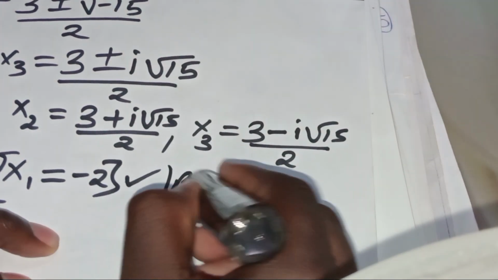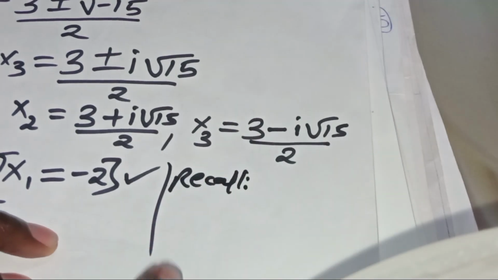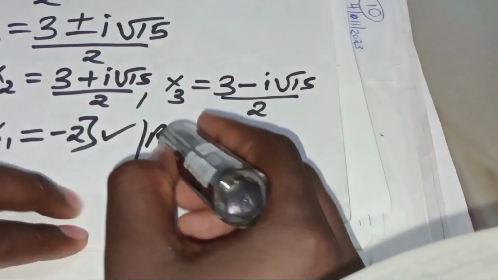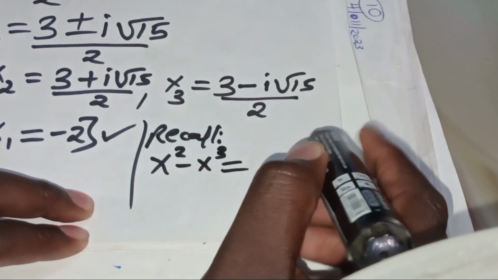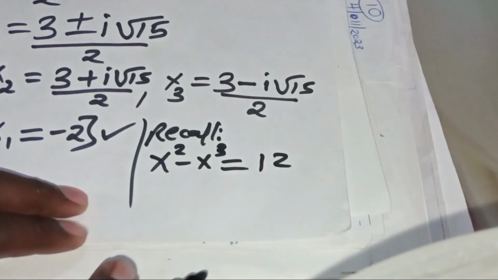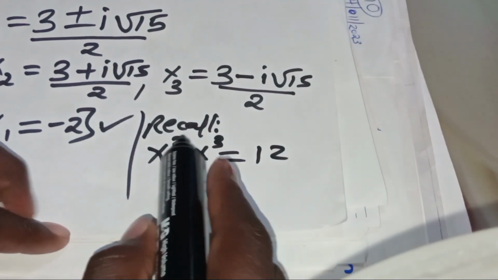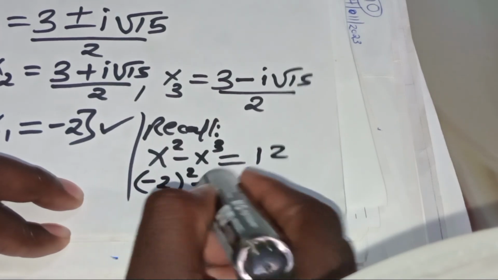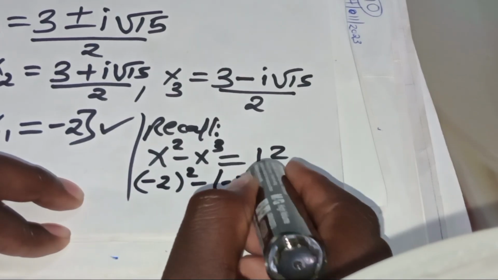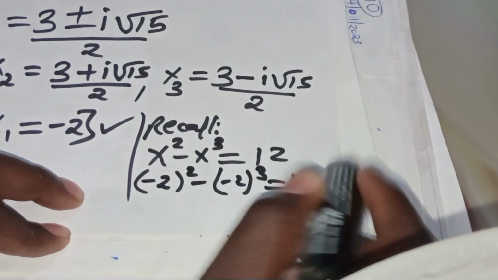Now, if you recall, we had that x to power 2 subtract x to power 3, this should give us a value of 12. So let's substitute the value of x, which is negative 2 squared, subtract negative 2 to power 3, this should give us a value of 12.